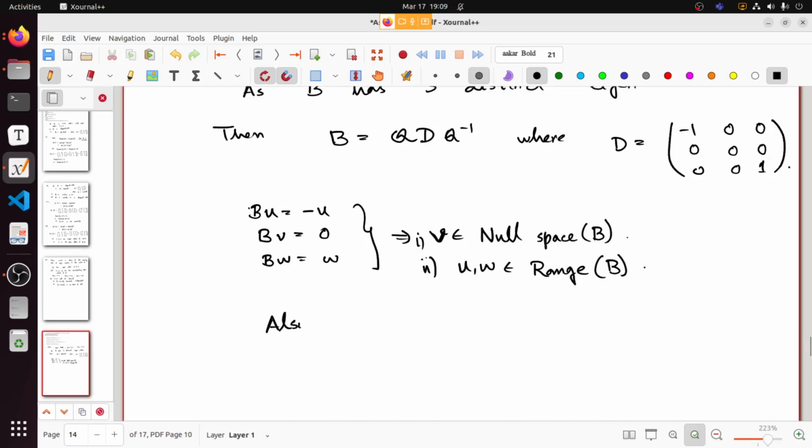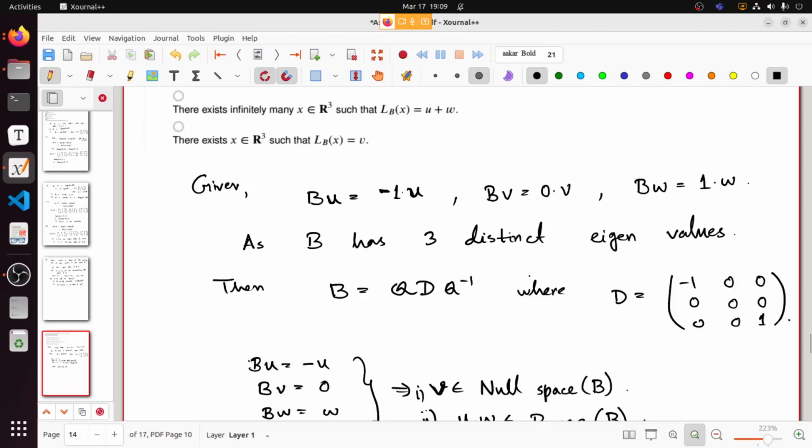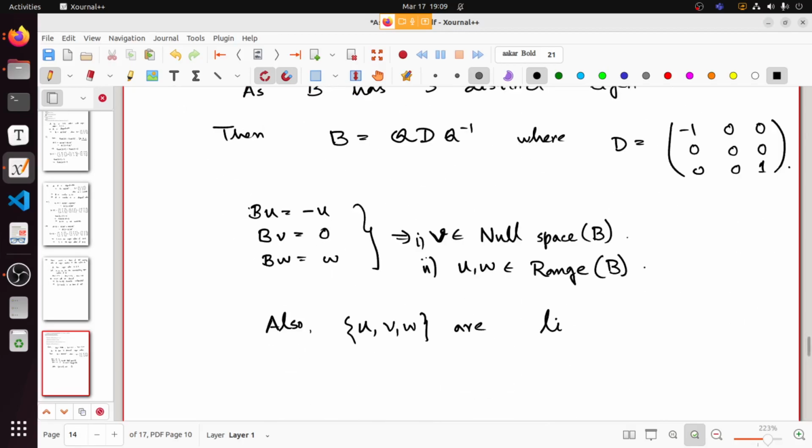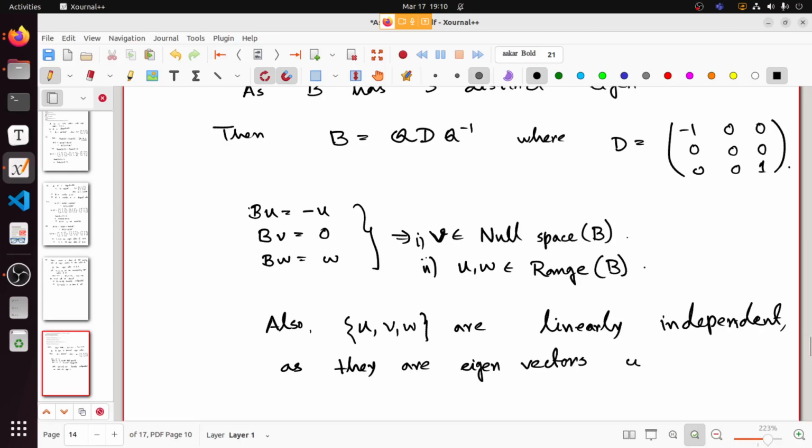Also U, V and W are linearly independent, as they are eigenvectors corresponding to 3 distinct eigenvalues, right?